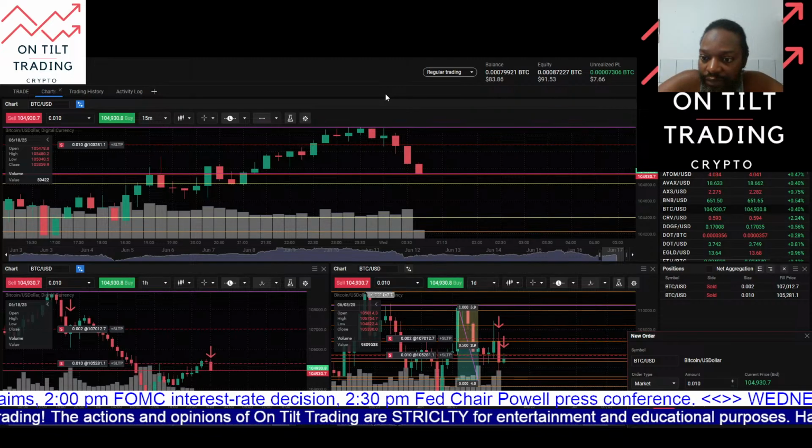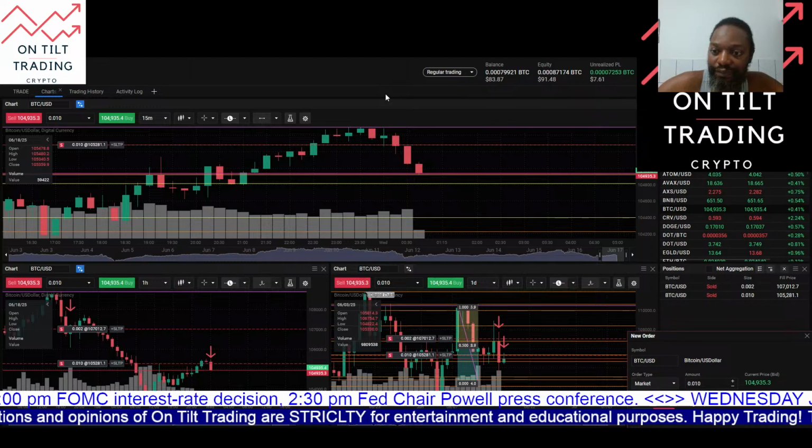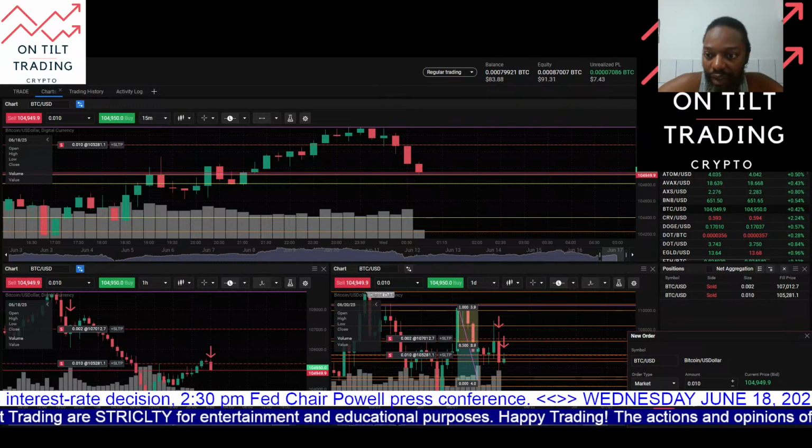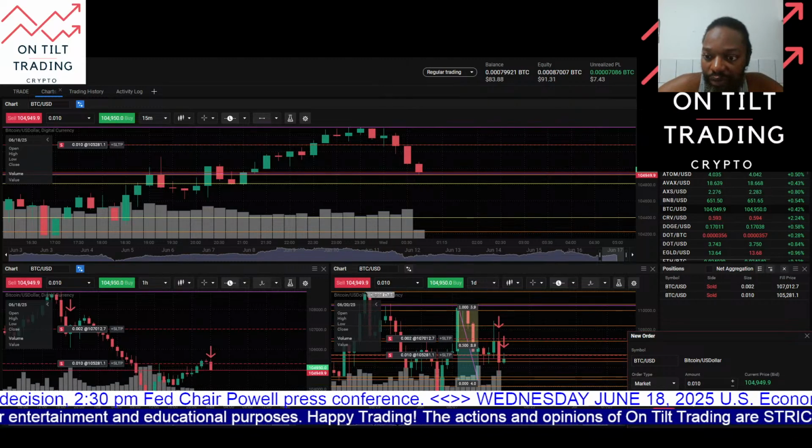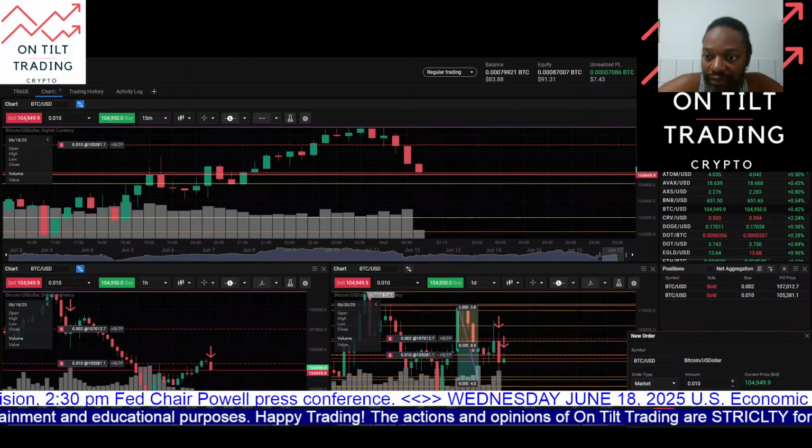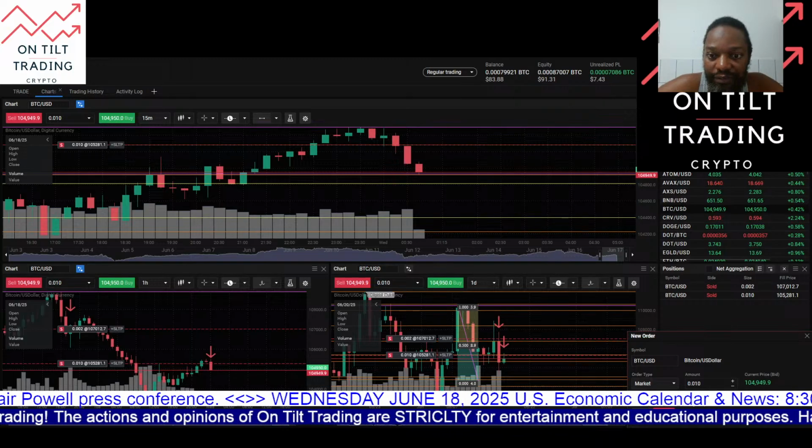Price still being delivered here to the sell side, with price selling below the 105 level, and now at the 104,950 level.